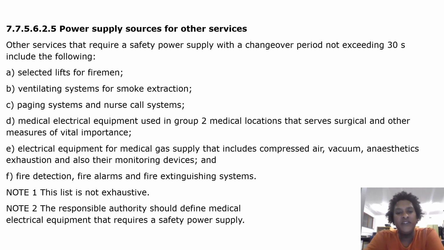Power supply sources for other services. Other services that require a safety power supply with a changeover period not exceeding 30 seconds include the following: selected lifts for firemen, ventilating systems for smoke extraction, paging systems and nurse call systems, medical electrical equipment used in Group 2 medical locations that serve surgical and other measures of vital importance, electrical equipment for medical gas supply that includes compressed air, vacuum, anesthetics, exhaustion, and also their monitoring devices, and fire detection, fire alarms, and fire extinguishing systems.